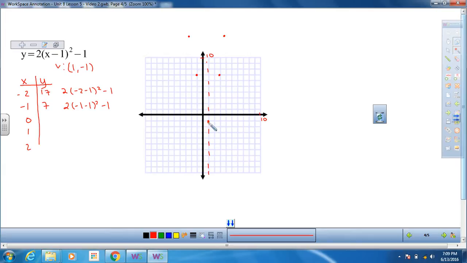So anytime you find 1 point, you're actually finding 2 points. Okay, 0, 1. That's here and here. Now I don't need to plug in 1 because I know that's my vertex already. I know that this is -1. And it looks like when you plug in 2, you also get 1. Okay, so here's my parabola.